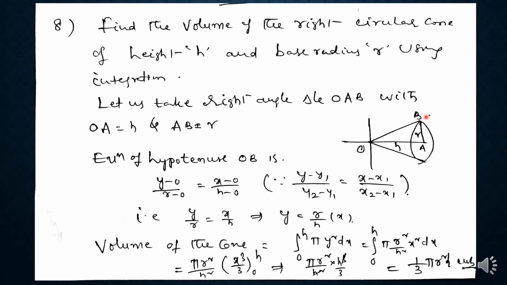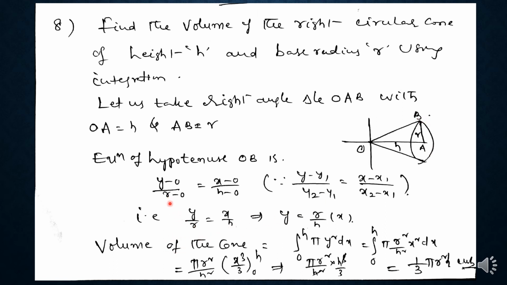So y minus 0 is equal to (r minus 0) by (h minus 0) into (x minus 0).